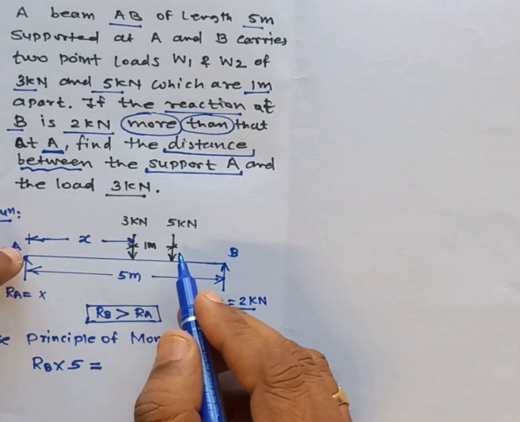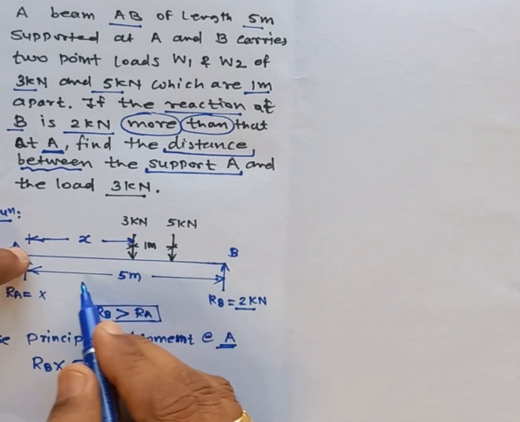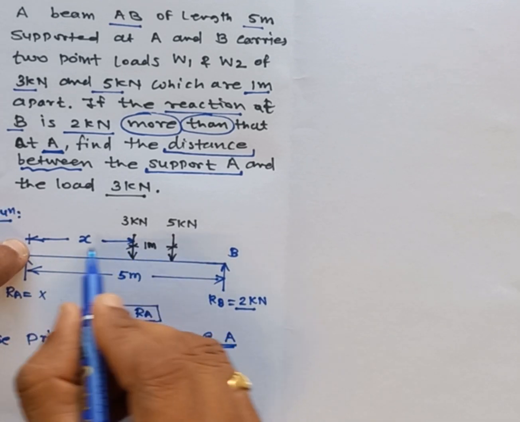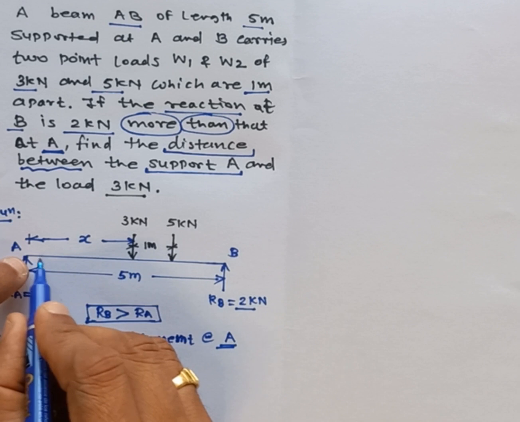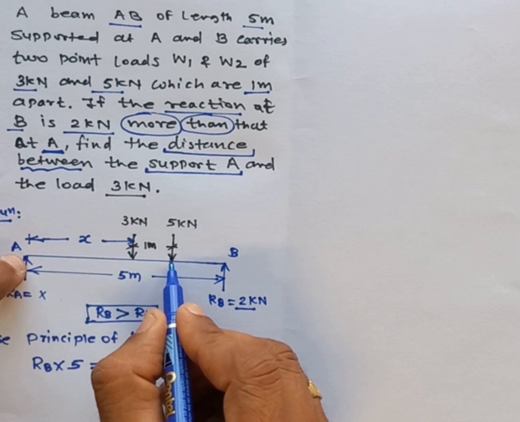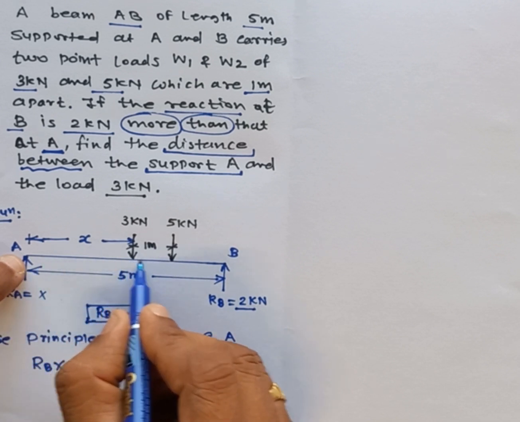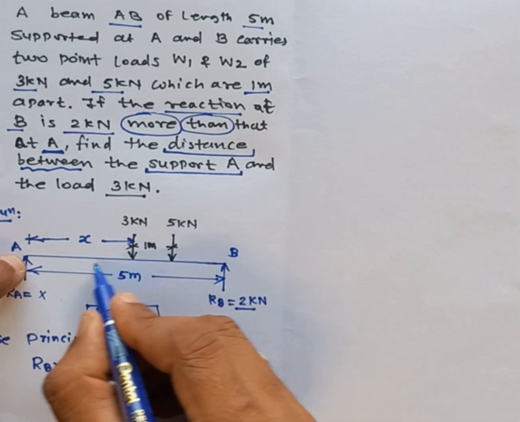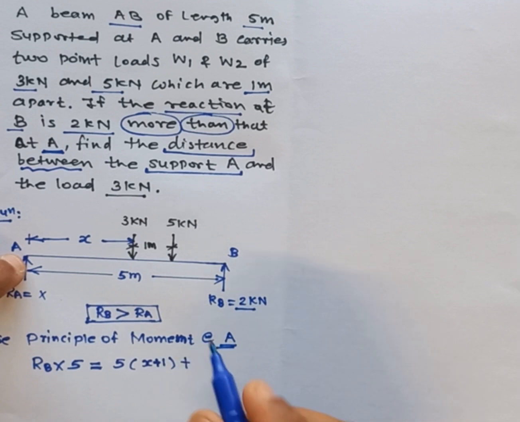The moment of the 5 kilonewton about A: the total perpendicular distance from A to the 5 kilonewton force is x plus 1. So 5 in bracket x plus 1. Then the moment of the 3 kilonewton force is 3 into x. I hope it is clear.